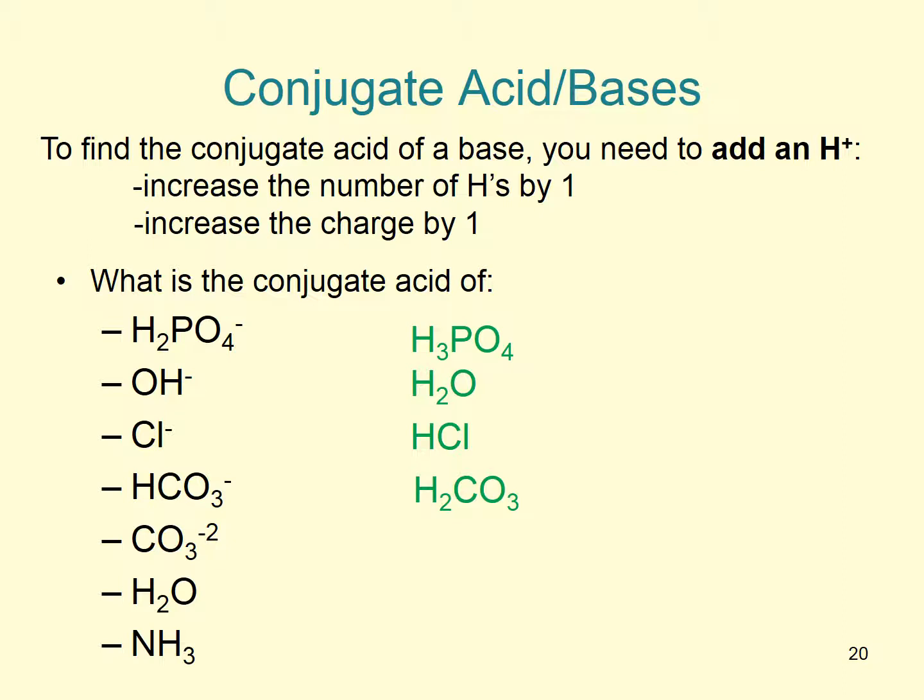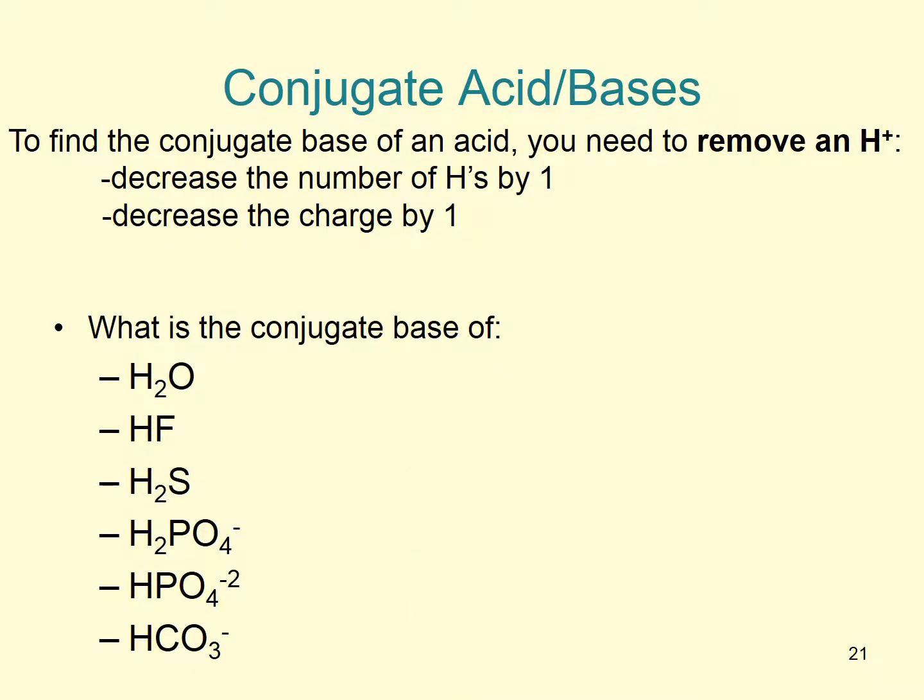CO3 -2, however, to find the acid, we just add one H, so it's HCO3, and we go from a -2 up to a -1. H2O, if we add an H plus, becomes H3O plus, and then NH3 becomes NH4 plus. And again, NH3 is one of the weird ones where you don't write the H in the front, you add it to the H's. If you wanted to write HNH3 plus, that would be fine.